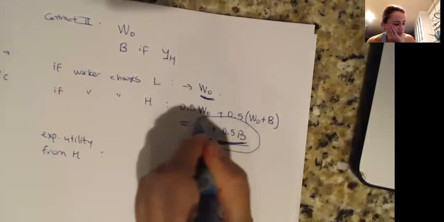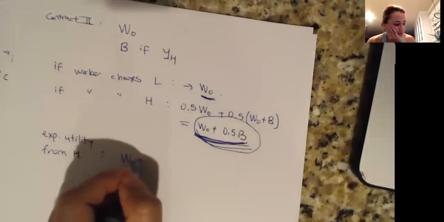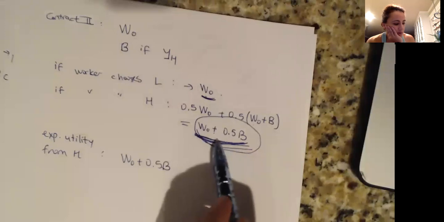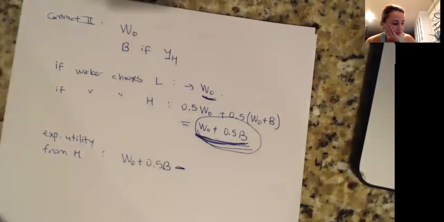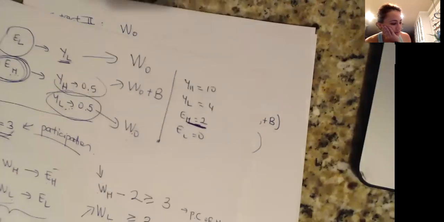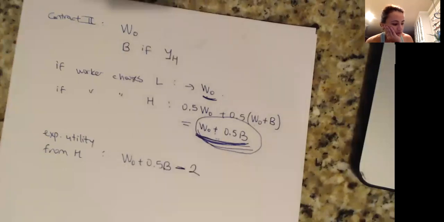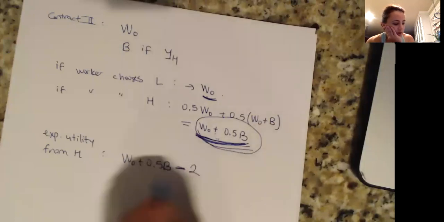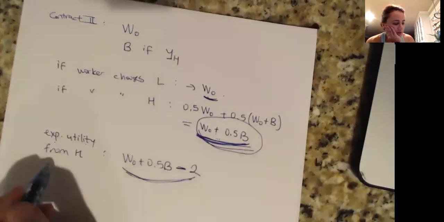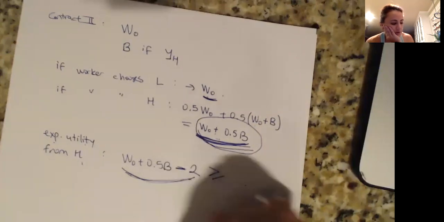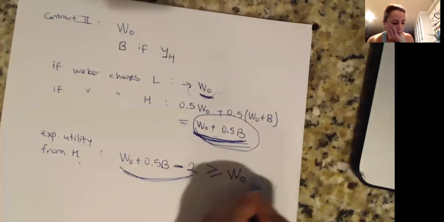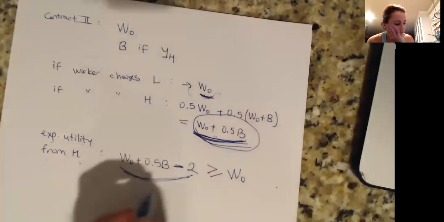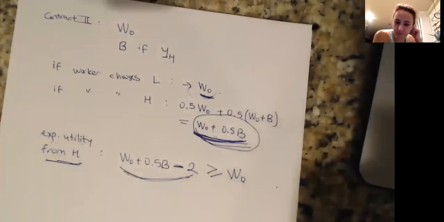You have the payment, W0 plus 0.5B, but you chose high effort, and high effort costs you. EH is 2, right? So it costs you 2. And if the expected utility from high effort is greater or equal than the expected utility from low effort, which is W0 minus EL, which is 0, then you are going to choose high effort.